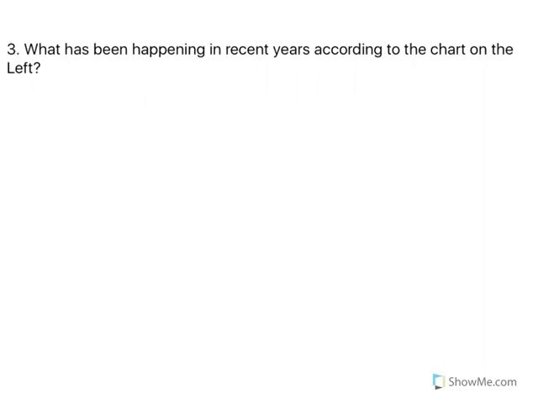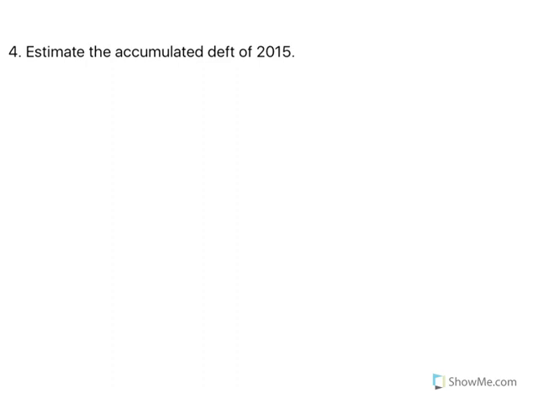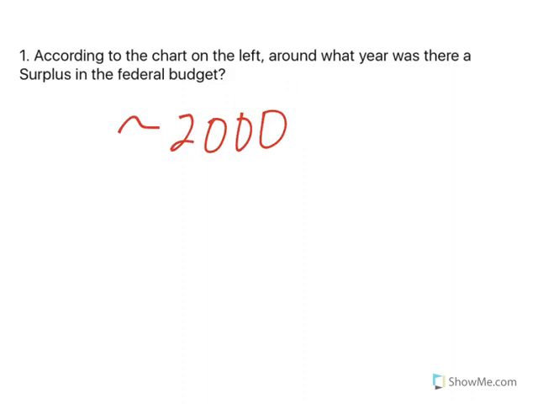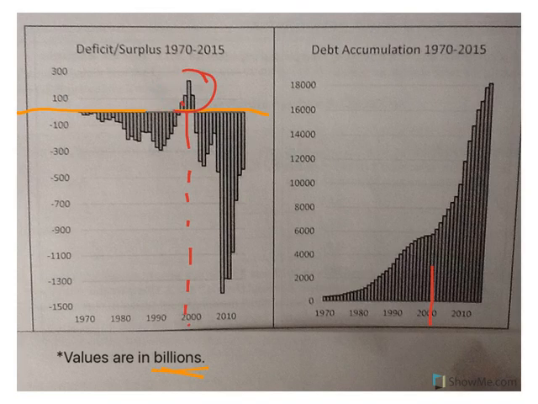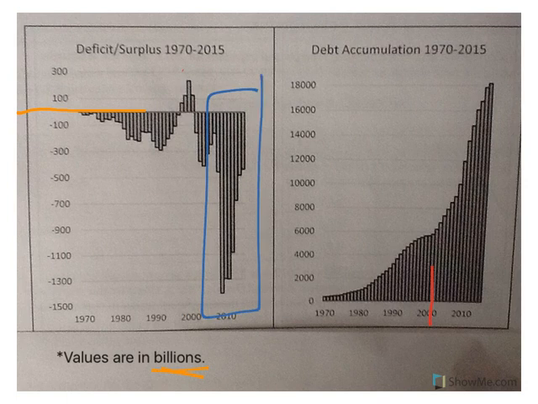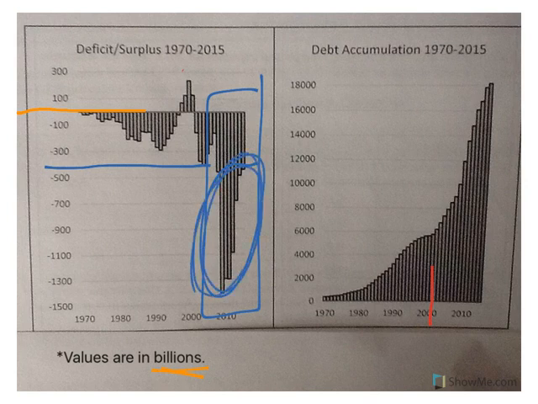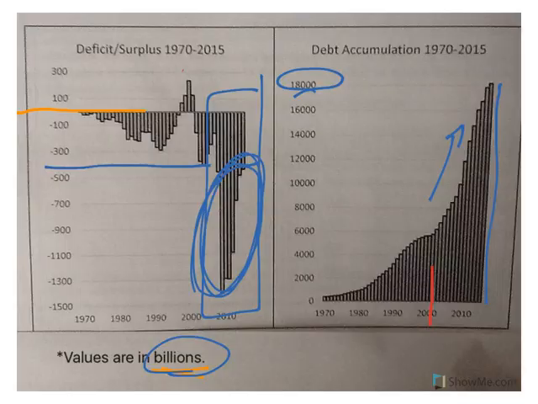What's been happening in recent years according to the chart on the left? And then we'll look at number 4 at the same time. Estimate the accumulated deficit and debt, put those together, for 2015. Recently, we've really accumulated a lot of debt, and you can see how quickly it's escalated. When you look at 2015, we're at approximately 18,000 billion.